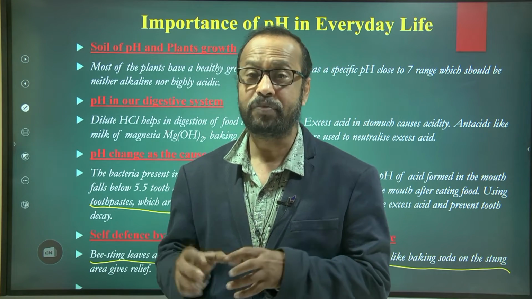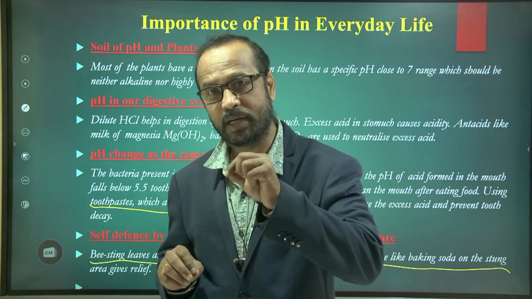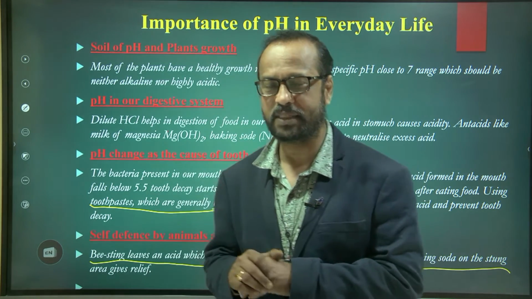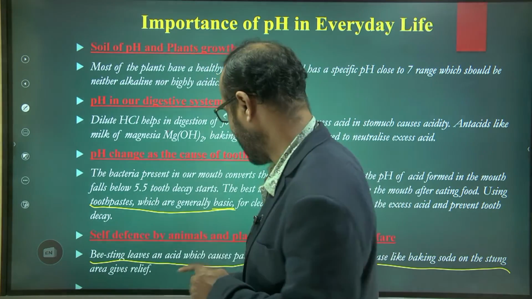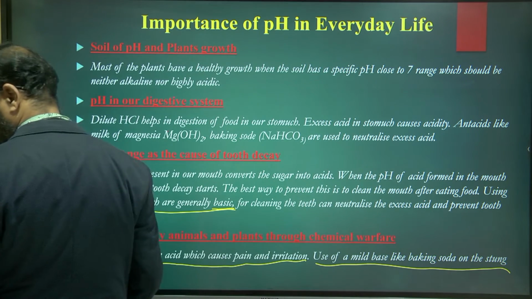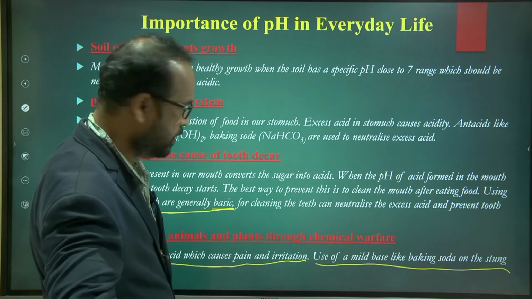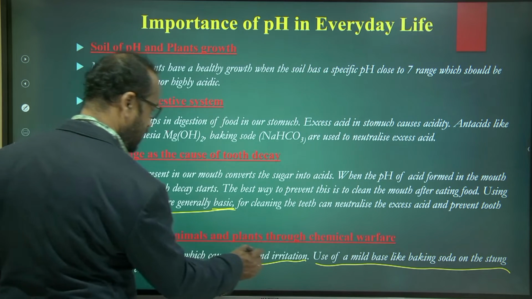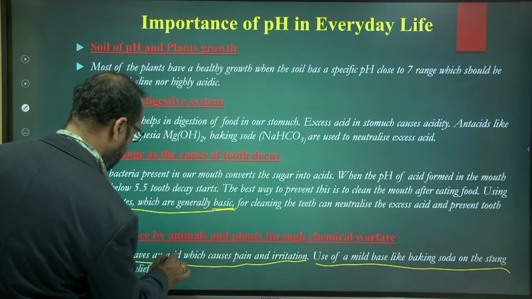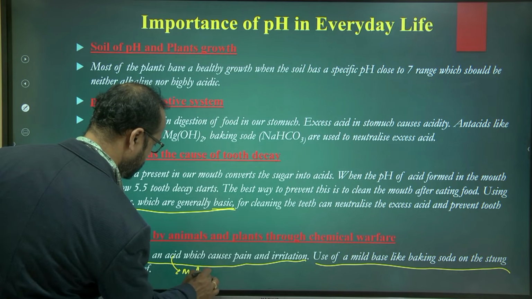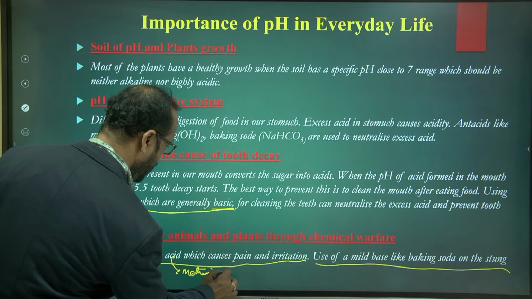Here this is the base, and those are releasing acid, generally methanoic acid. What type of acid do they release? Methanoic acid. Here I am writing the acid name: methanoic acid.